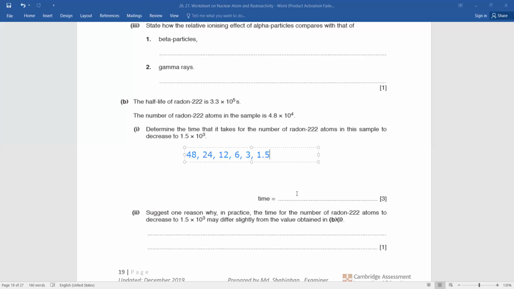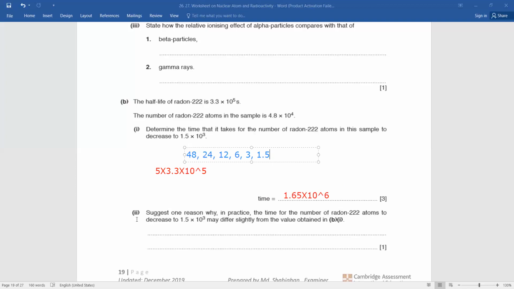So can you write here, Ziba, the answer? Write in 2 steps. Write 5 multiplied by 3.3 into 10 to the power 5. Then write the answer, 1.65 into 10 to the power 6. Correct. Done, sir. Very good.